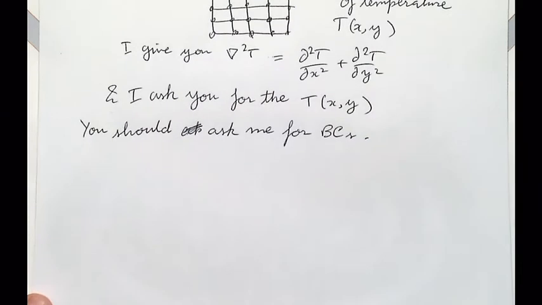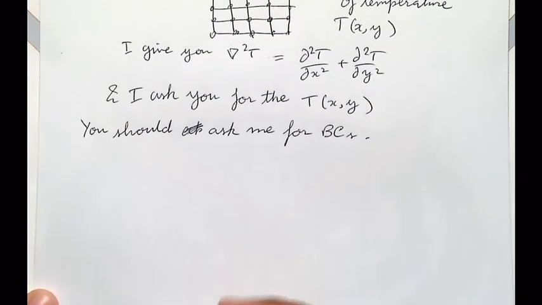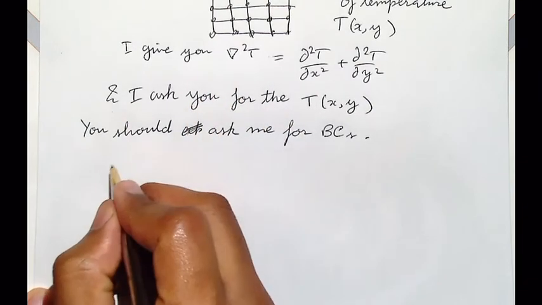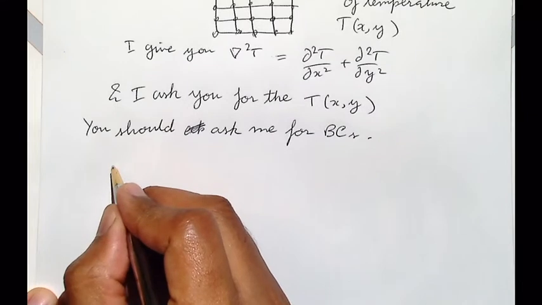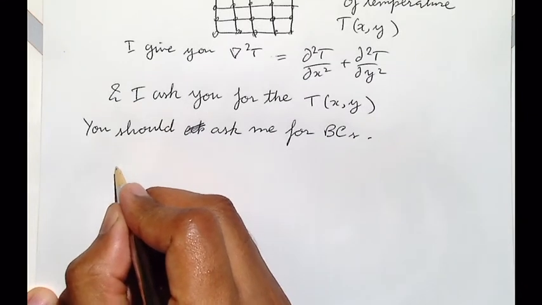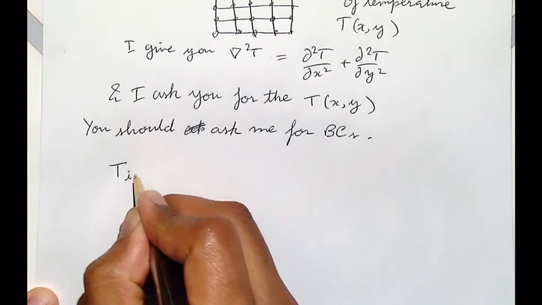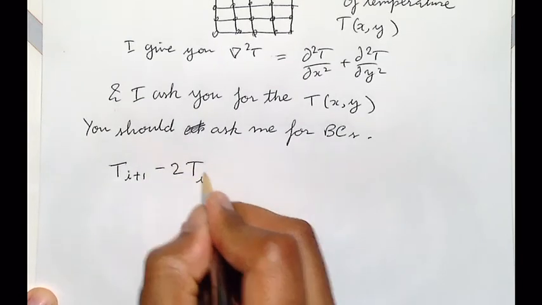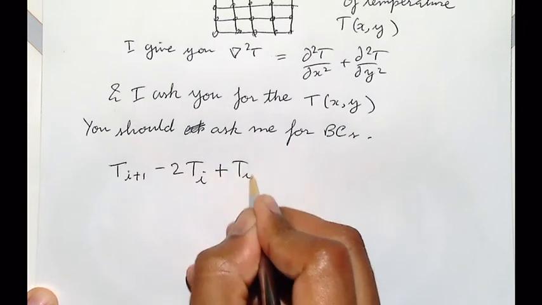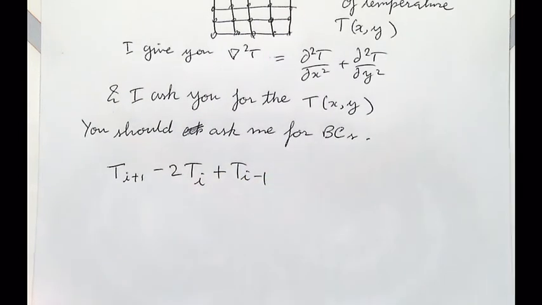I heard centered, yes. Central, centered, okay. So what should I write? T i plus 1 minus 2 T i plus T i minus 1. Should I write j's?